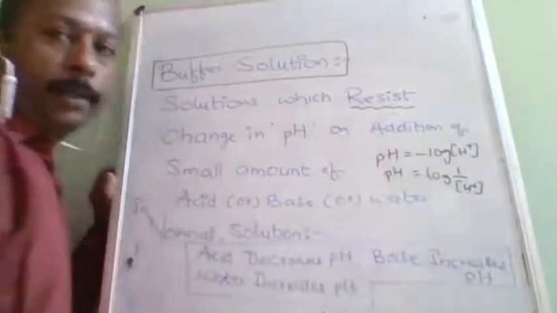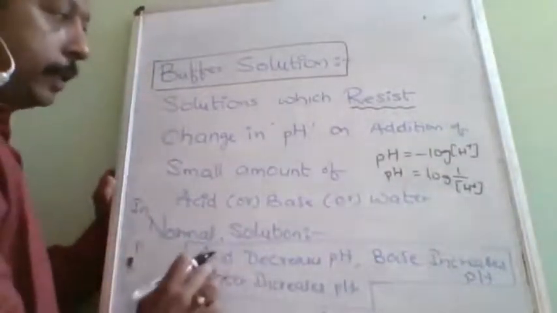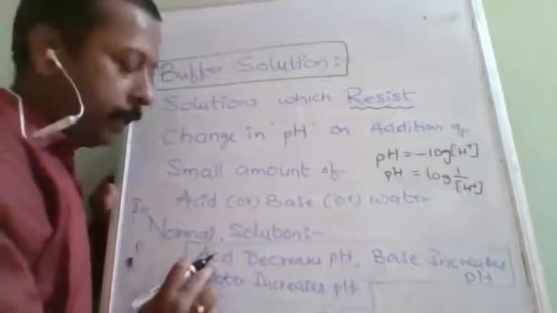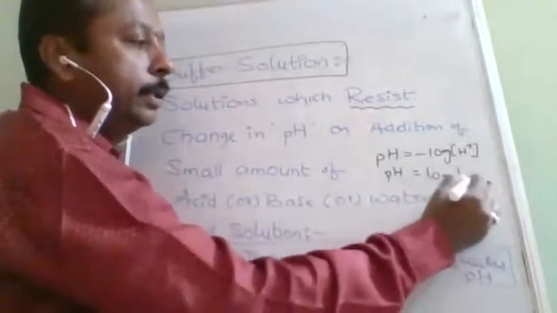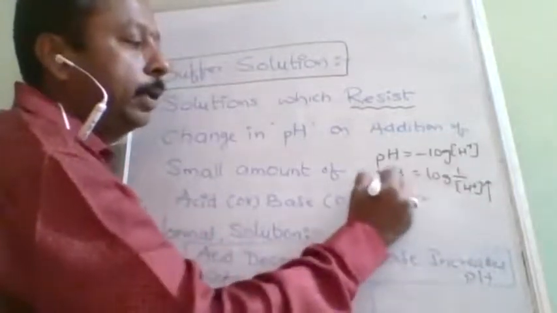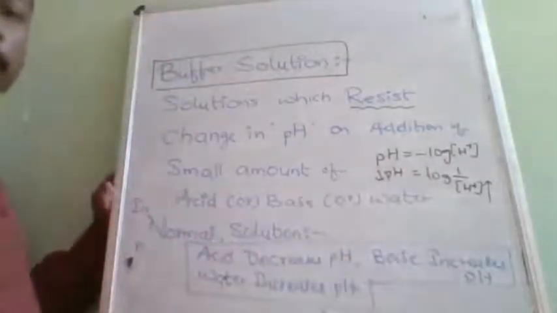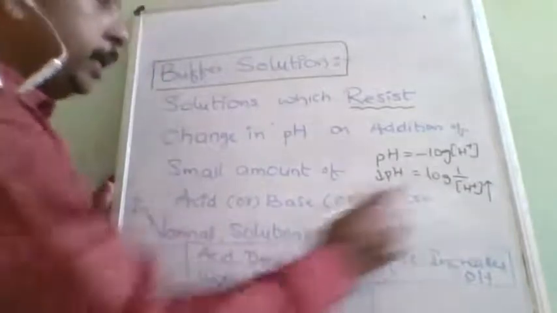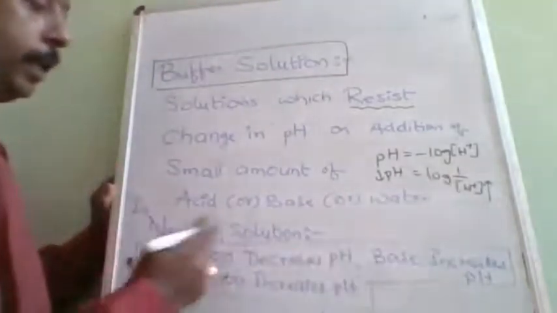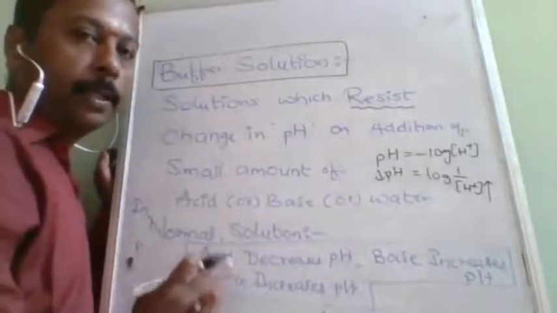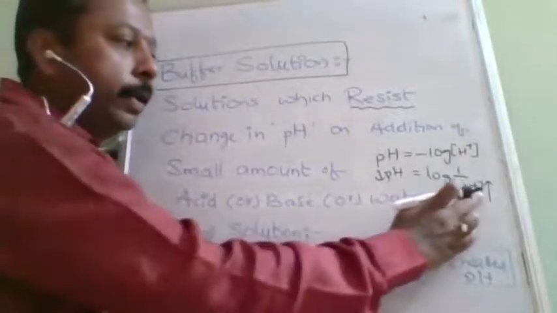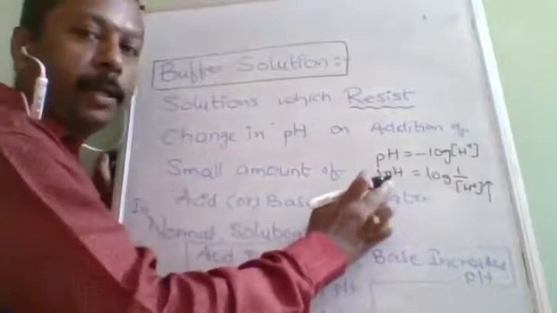When acid is added, we are adding H plus, so the denominator is increasing and the total value will decrease. If I add H positive 10 times, not plus 10 but 10 times, pH will change by 1.